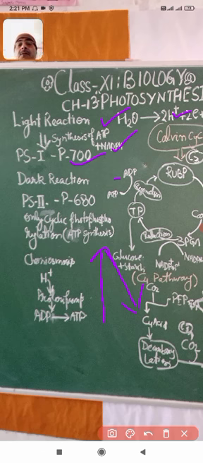So these two molecules, NADPH and ATP, get utilized in the next cycles that I am going to explain over here.